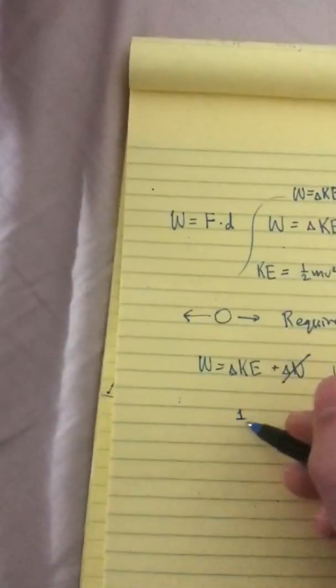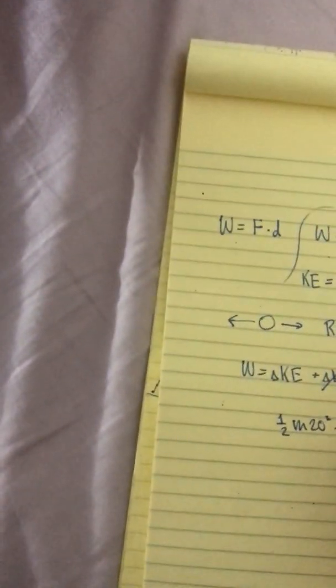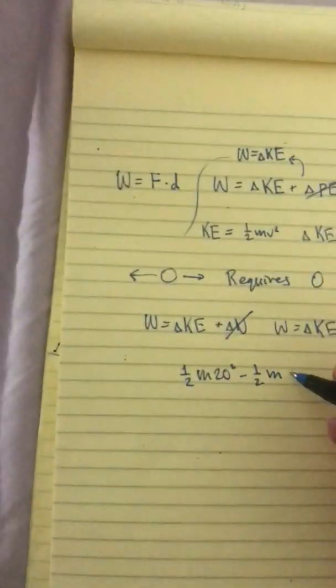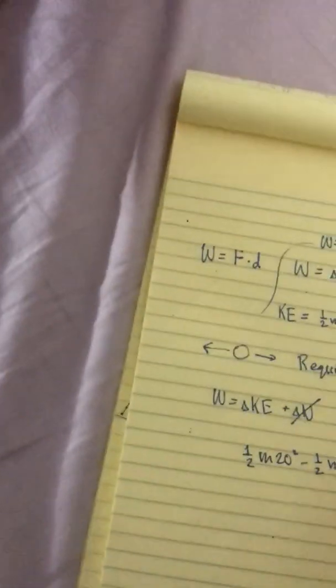So what we'll do is we're just going to compare the two. At first we'll do the change from 10 to 20, so we can do 1/2, and for this we're just going to assume the mass stays the same, m 20 squared minus 1/2 m 10 squared.